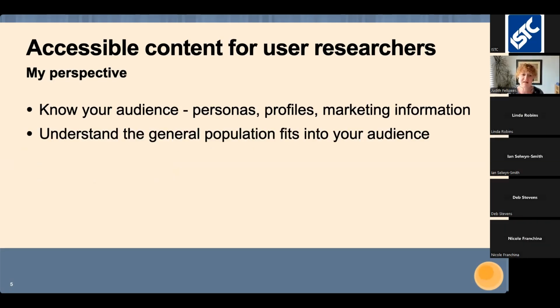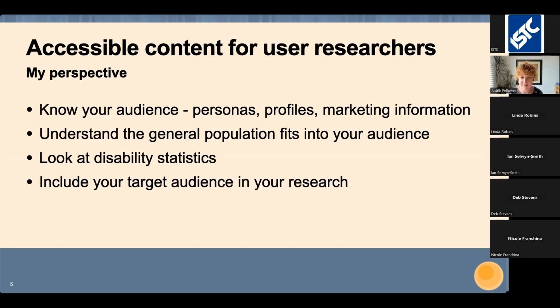But you also need to understand how the general population fits into your audience, because you may not have everything in terms of your personas. So that's having an awareness of what the UK population is like, particularly in terms of disability. To do that, we look at disability statistics and also include your audience in your research.